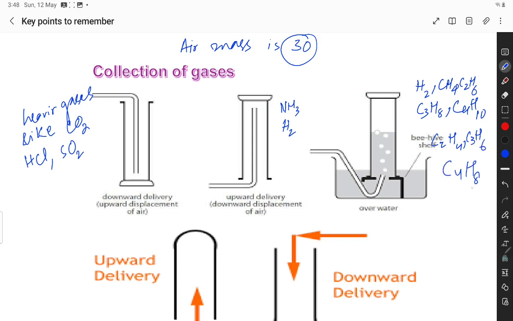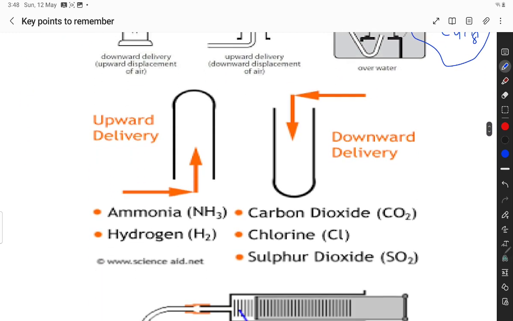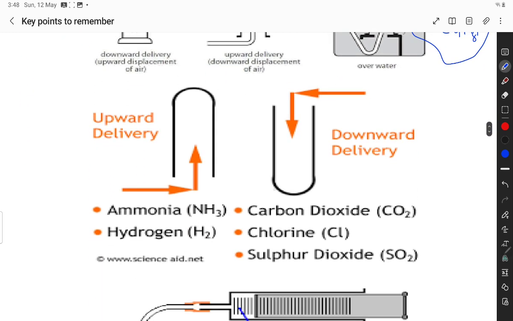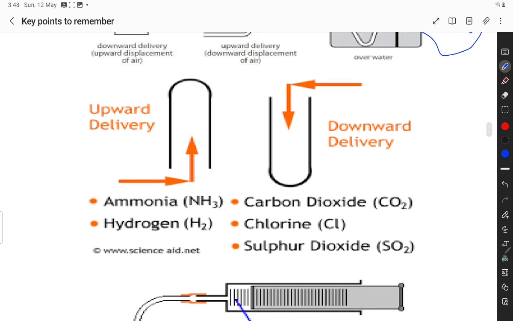Neutral gases, carbon monoxide and nitrogen monoxide, and insoluble gases are collected using this. Upward delivery: ammonia and hydrogen. Downward delivery: carbon dioxide, chlorine and sulfur dioxide.